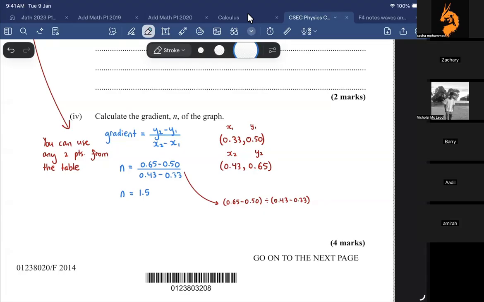Glass, because glass is more dense, and we see that we get 1.5. The refractive index for water is 1.43 or 1.3, depending; sometimes it'll be a bit different. But I hope you see the connection between density and refractive index: the greater the density, the higher the refractive index.